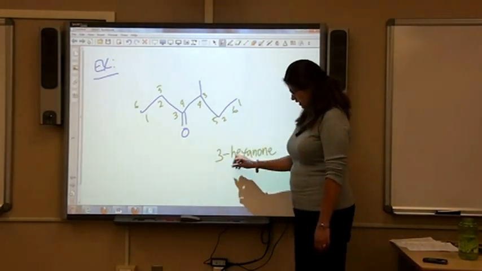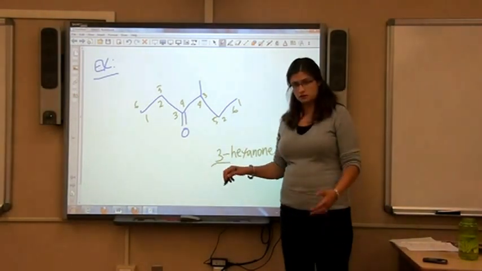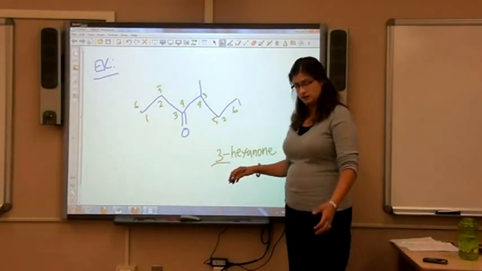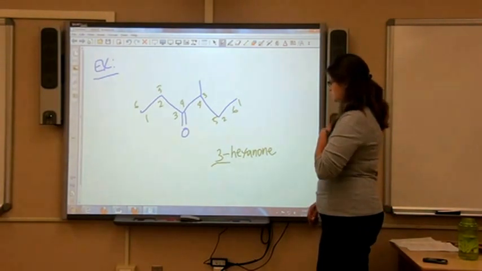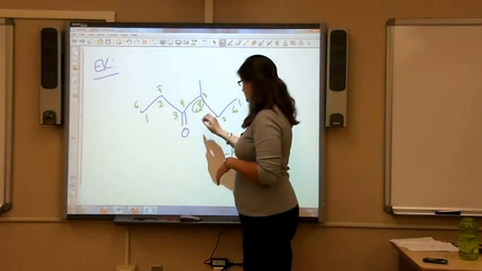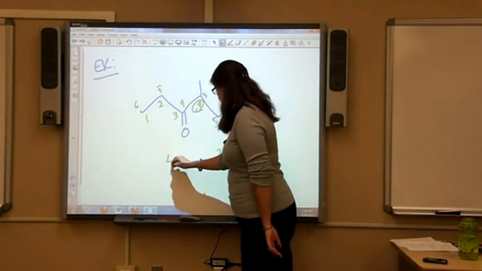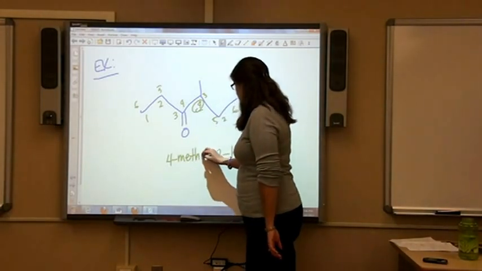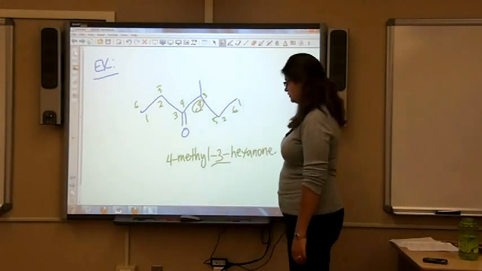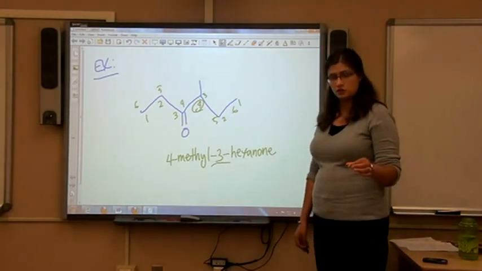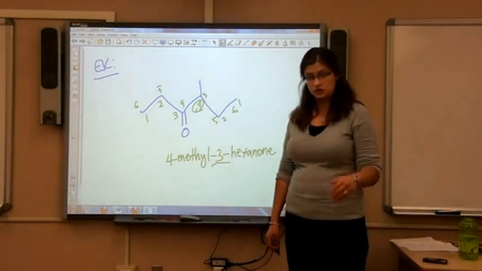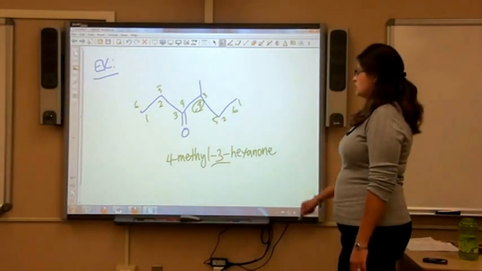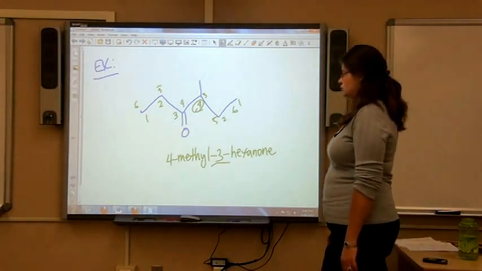And now here again, you have to identify that your ketone is on the 3-carbon. And now we're going by this number here. So that means we have 4-methyl. Be careful here that you're always separating your words and numbers with a dash. So this compound is 4-methyl-3-hexanone.